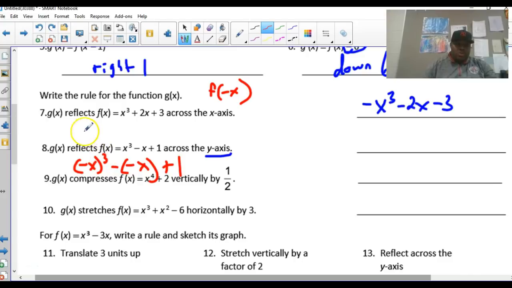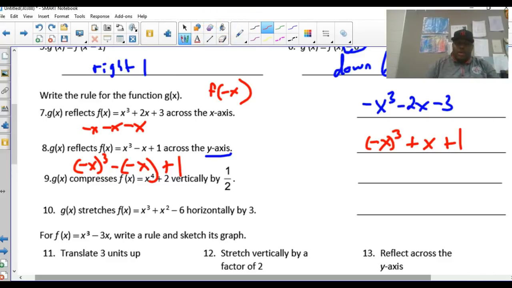Negative x cubed: negative times a negative is a positive, times a negative is a negative again. So that's still negative x cubed. Then we have negative times a negative, which becomes a positive. So positive x plus 1. That is your simplified answer right there.